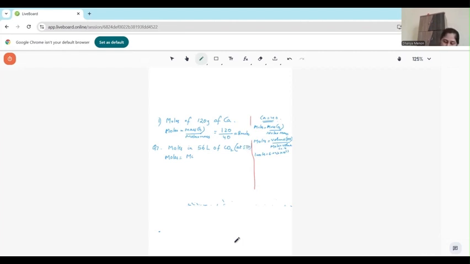Moles is equal to what? Volume at STP over the molar volume, 22.4 liters. Is it given to you? 56, right? By 22.4, which is equal to 2.5 moles. It's not grams, it's moles.